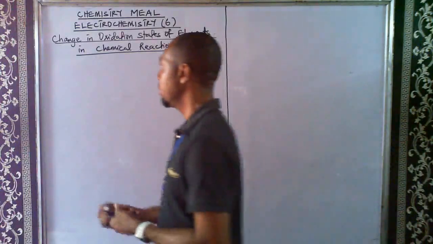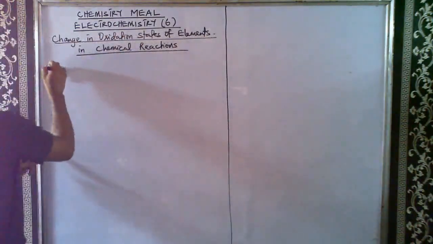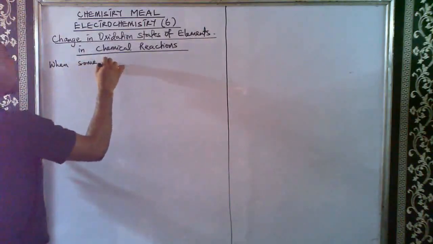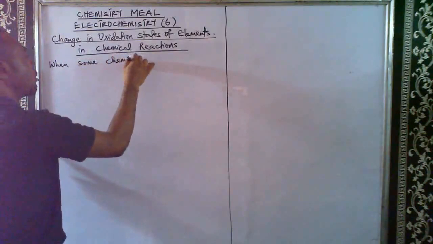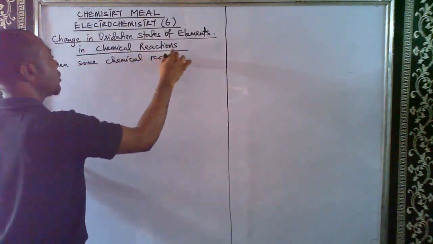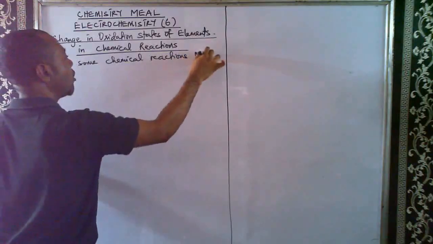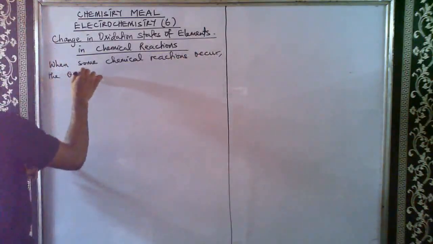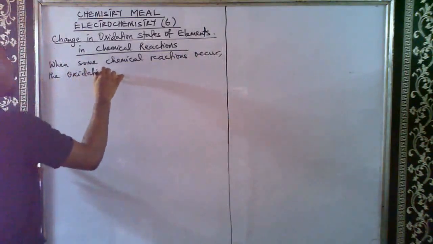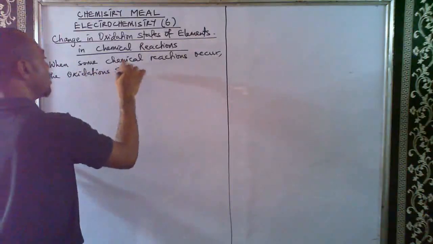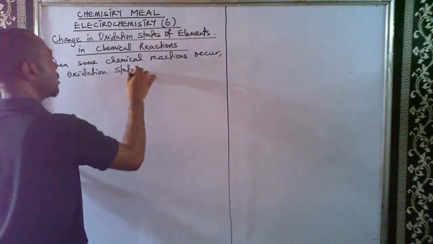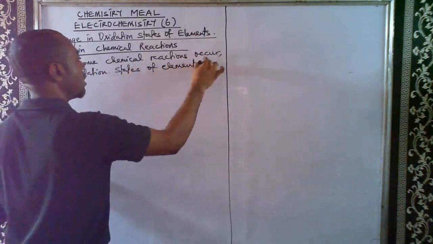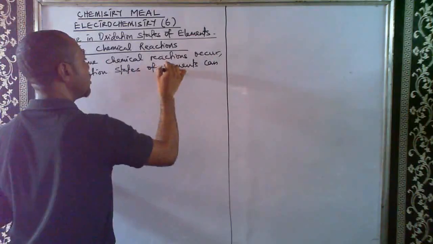So we can say when some chemical reactions occur, the oxidation states of elements can change.